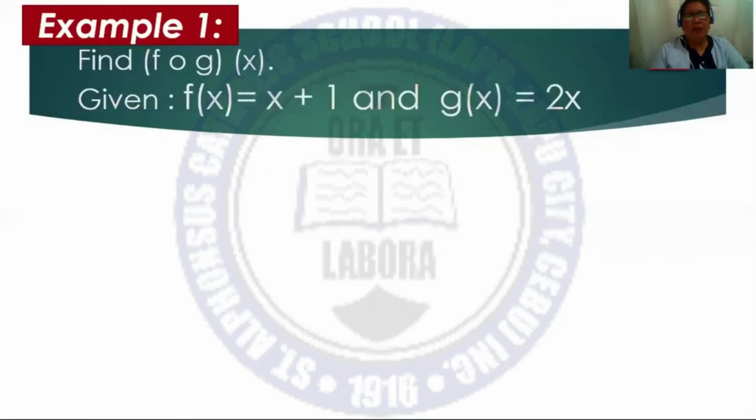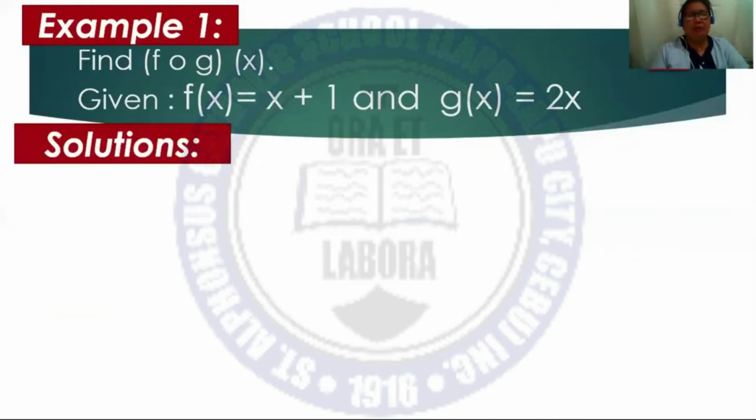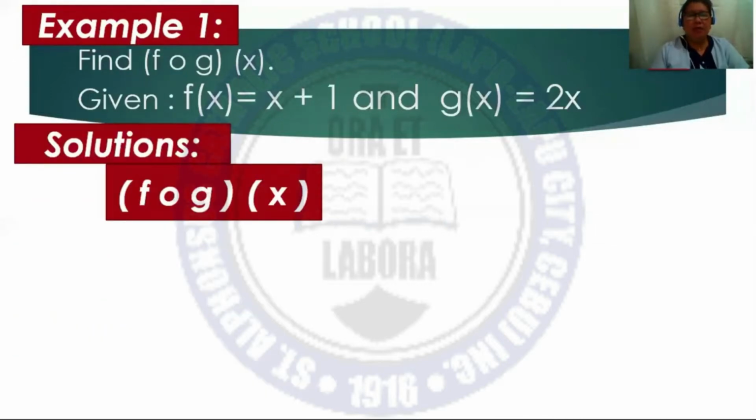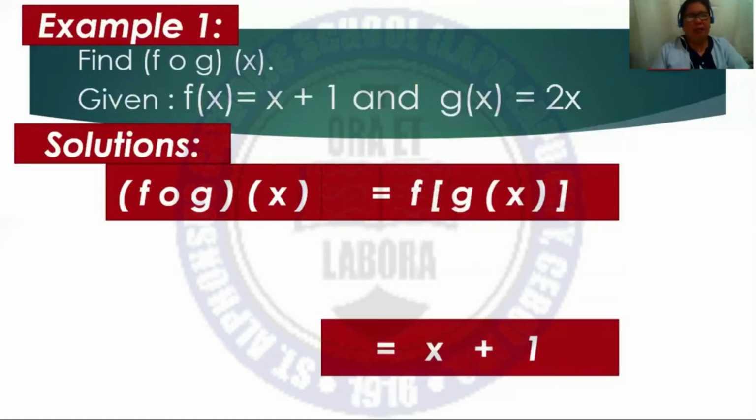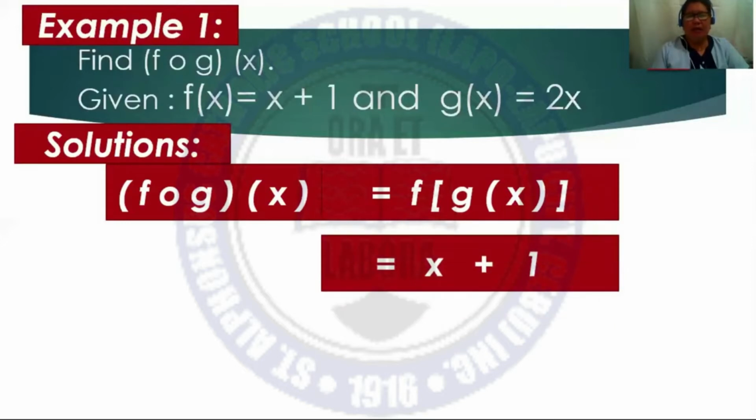To elaborate more on this, let us study the given examples. Example 1: find f circle g of x, given two functions, f of x is equal to x plus 1 and g of x is equal to 2x. Solution: f circle g of x can be written as f of g of x, wherein f is our outer function and g is the inner function.